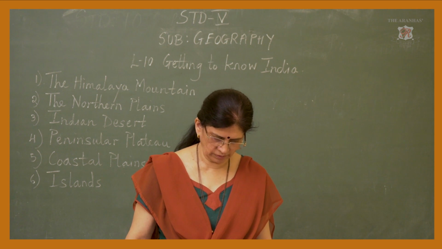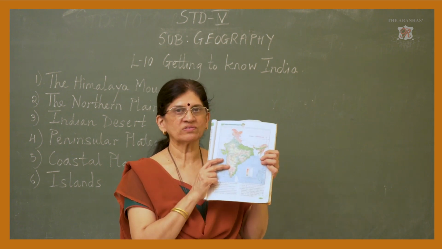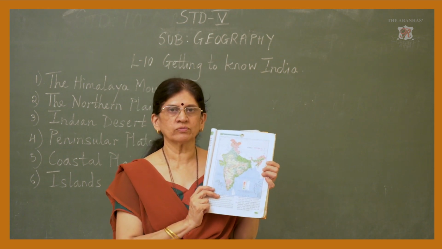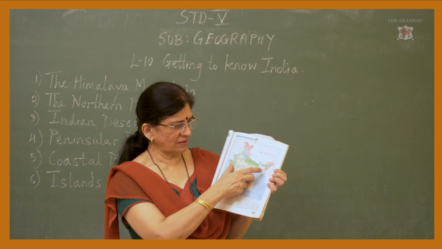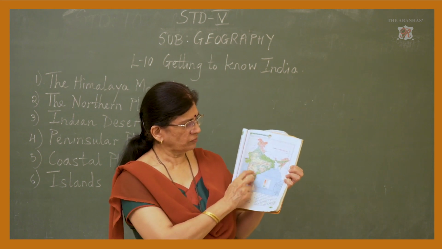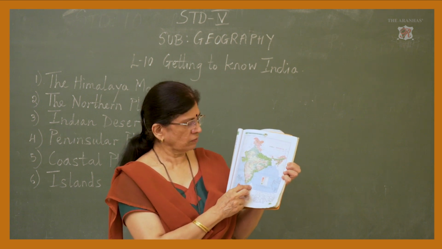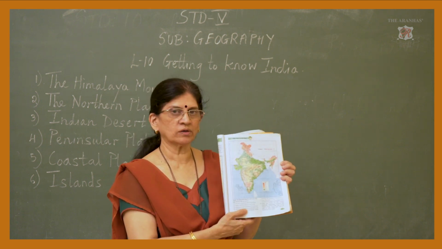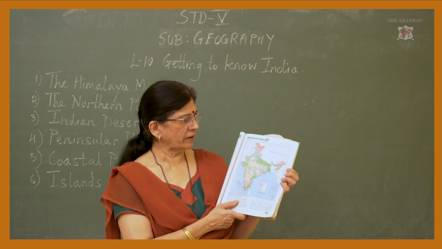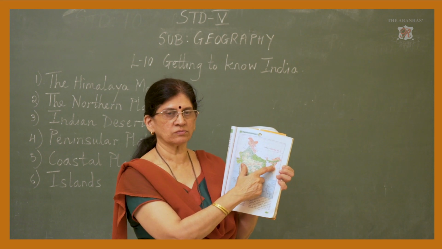It is about India. Now, this map shows the physical features of India. You can see the large expanse on top, and here at the bottom, towards the south, we have the peninsula, which is surrounded by water on three sides. On top we have the Himalayan range.